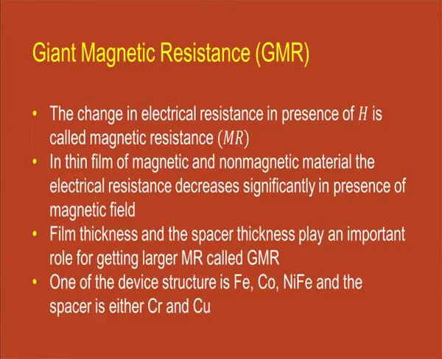One such device uses iron, cobalt and nickel iron as the magnetic materials for GMR devices, and here the spacer material could be chromium or copper.